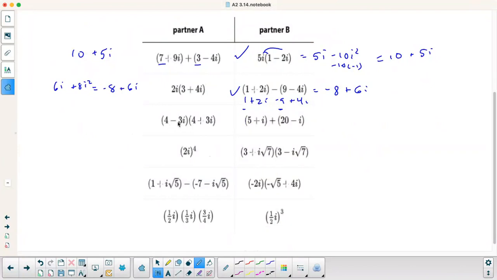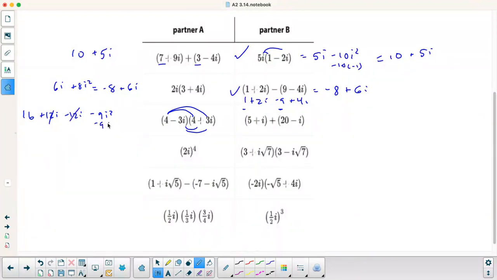Over here, now I got to multiply this. So, you could do the FOIL method, or if you want to draw a box, draw a box. I get 16 plus 12i minus 12i minus 9i squared. So these add up to 0.